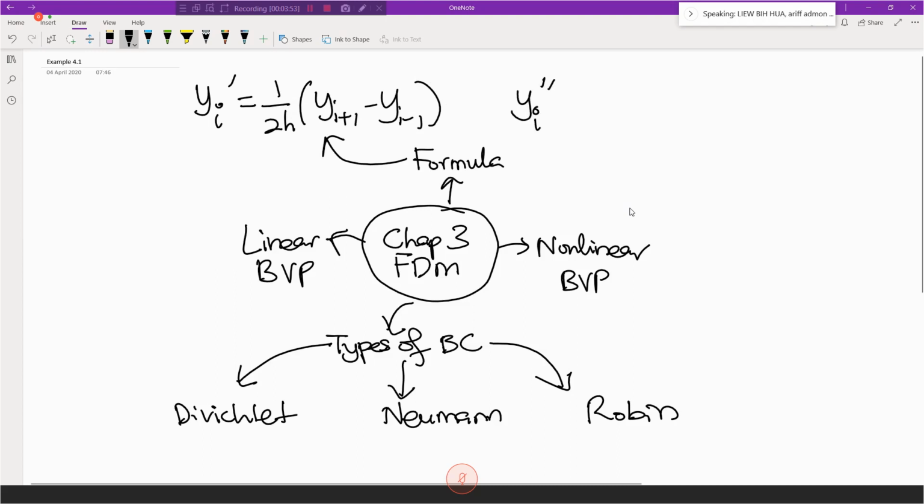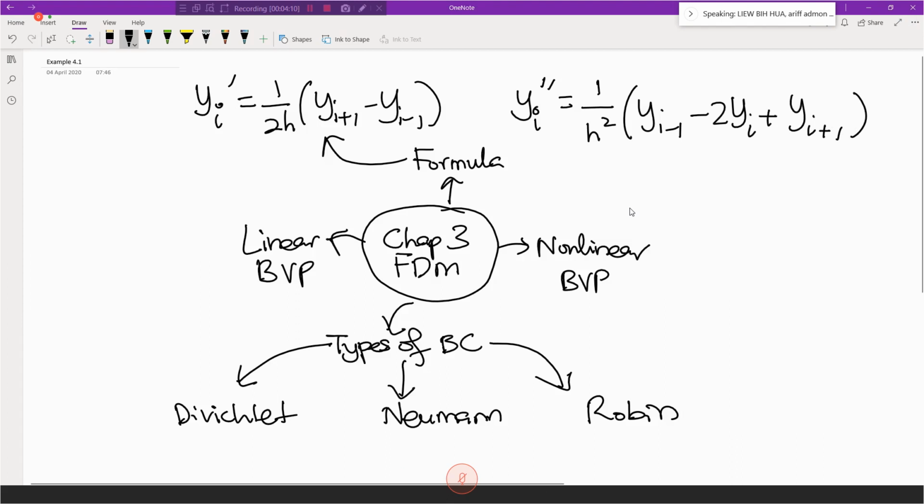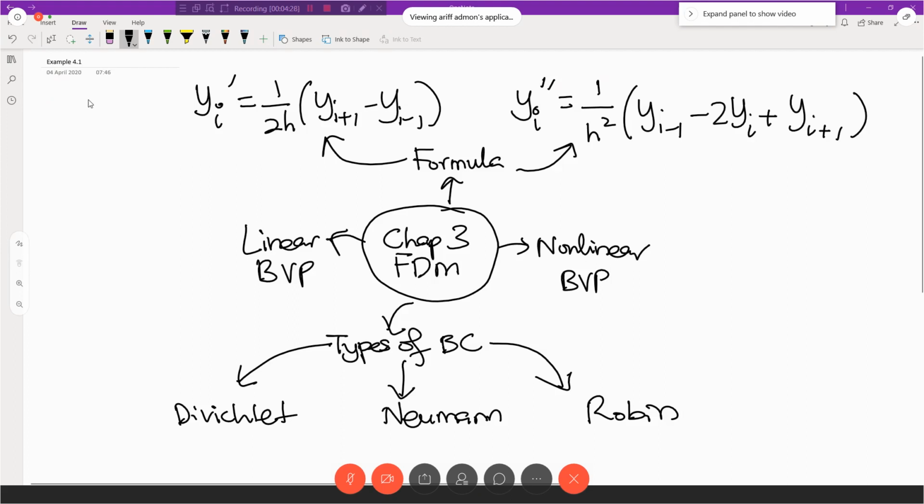The second one is another extension formula: 1 over h squared times (y_{i-1} minus 2y_i plus y_{i+1}). This is the list of the content that you studied in finite difference method, chapter number 3.